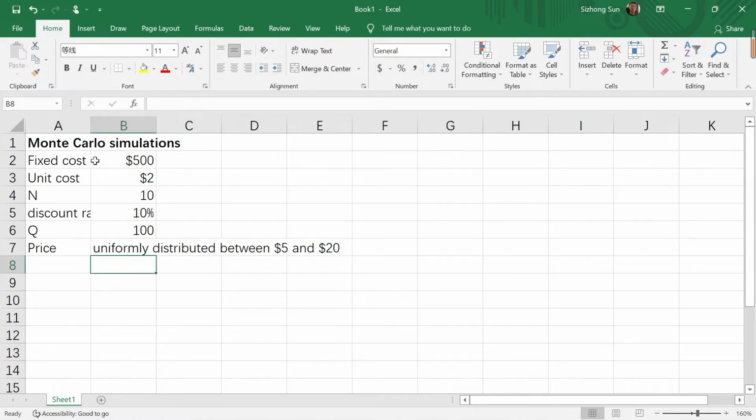To do that, previously we know that the cash flow pattern is a 10-year annuity. So we want to calculate the present value of this 10-year annuity.